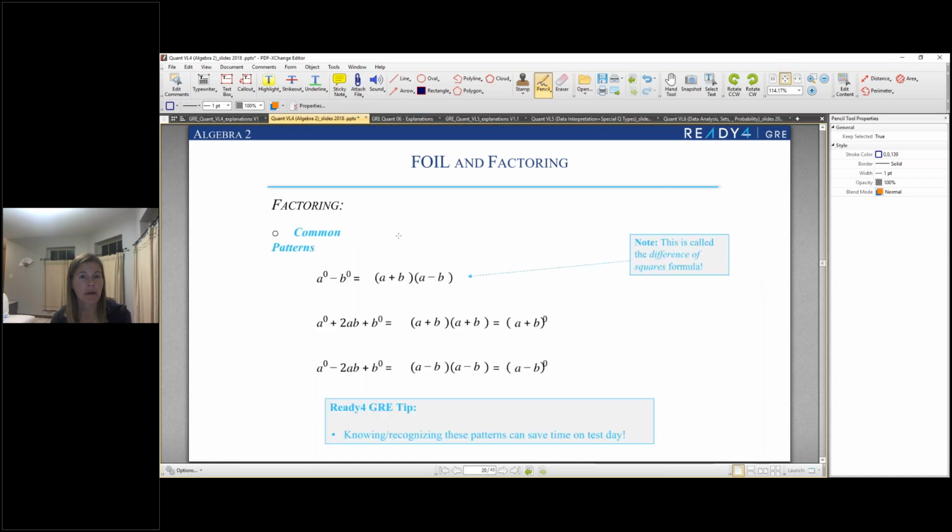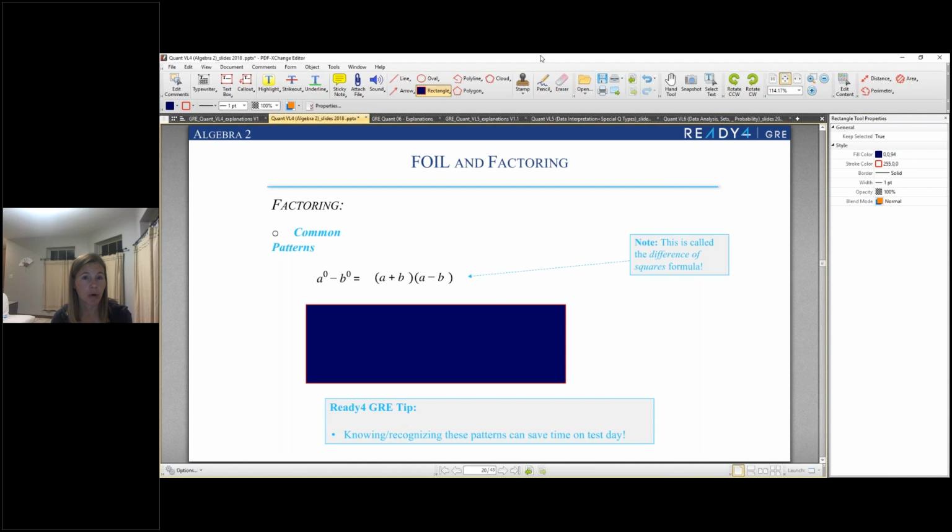Okay, so let me get to common patterns, and I don't want you to worry about these guys. These are not important. I do want you to worry about these guys up here. This is called the difference of squares. I'm actually just going to write over this so that it doesn't look terrible.